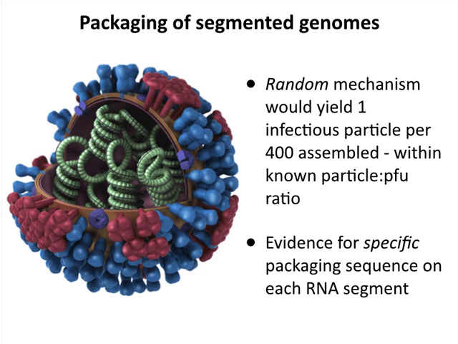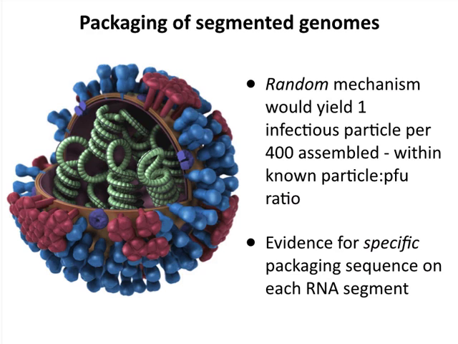And the first was actually a random idea, that every virus just grabs 8, and some of them are going to be non-infectious because you don't have 1 of each. But it turns out that if you do a random mechanism, you get 1 infectious particle for every 400. If you only limit it to 8 per particle, this is actually within the known particle to PFU ratio of the virus.